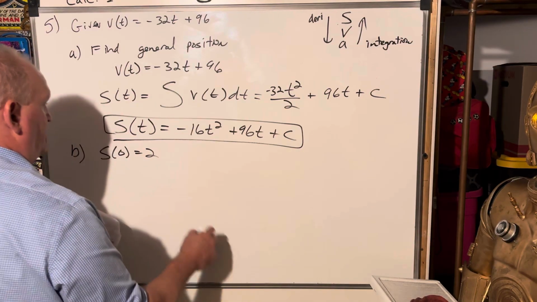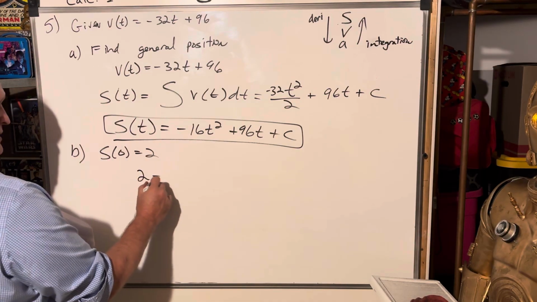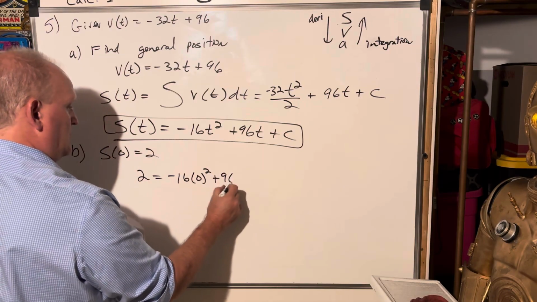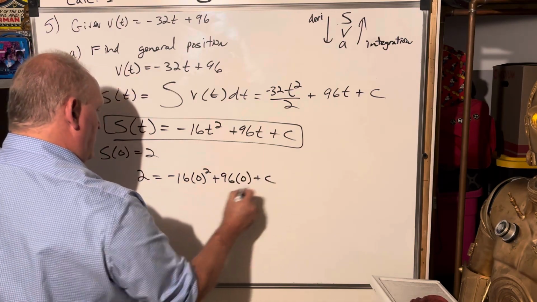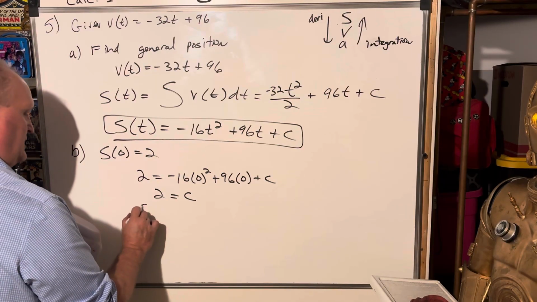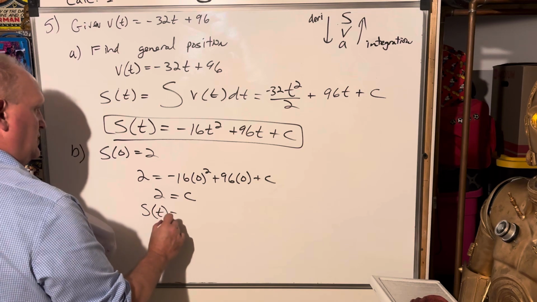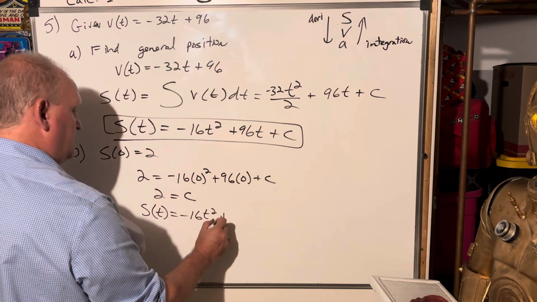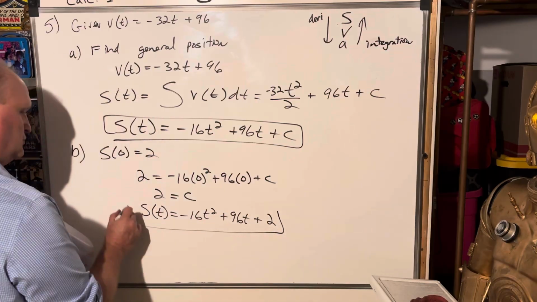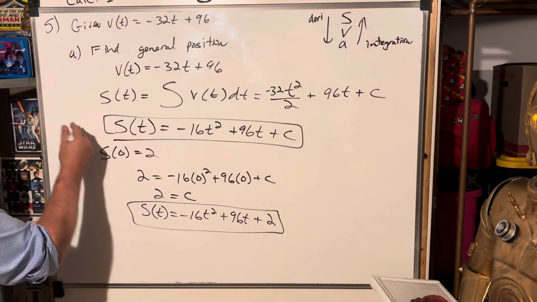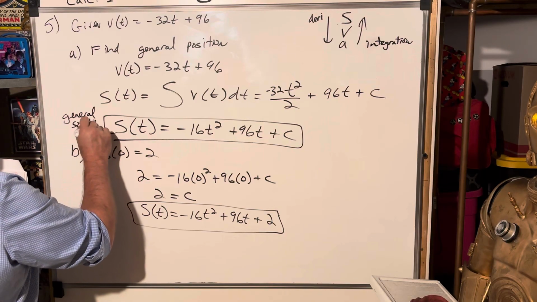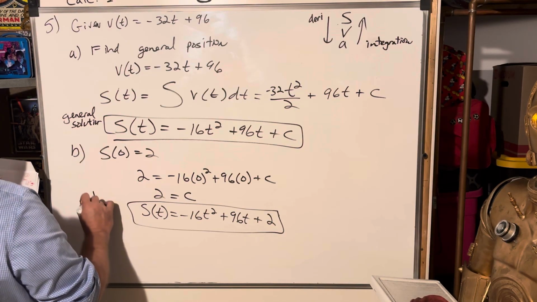So that just means I put in a 2 and a bunch of zeros, and now I found C. And so now that I know C, the particular solution is negative 16t squared plus 96t plus 2. So we got the general solution, we have the particular solution.